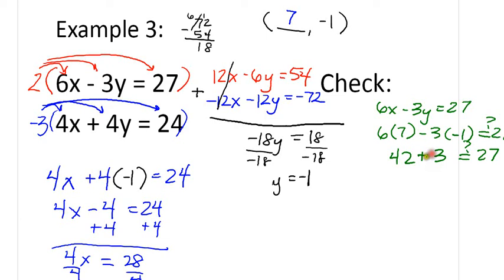Let's go back and check our work. So we've got 12x minus 6y is equal to 2. I've got 12x minus 12y. This looks good. Cancel these. I've got negative 18. Oh, I found my error.